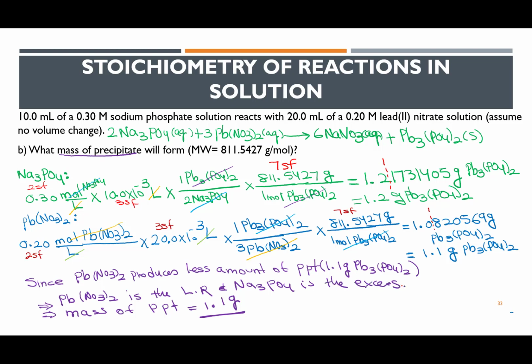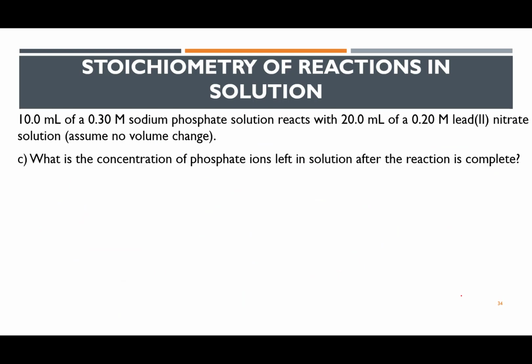When the question asks, what is the concentration of phosphate ion left over? Then what we have to do is to convert the mass of lead 2 phosphate, which is 1.1 grams, to the moles of sodium phosphate, which is the excess. Okay, then let's do that.